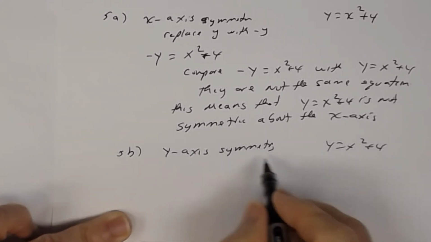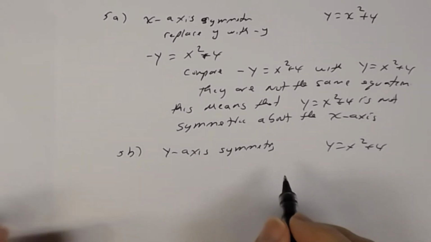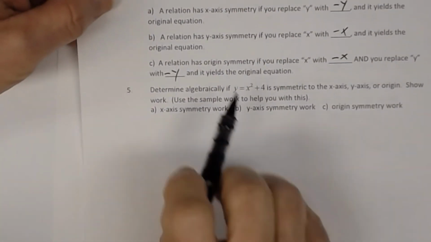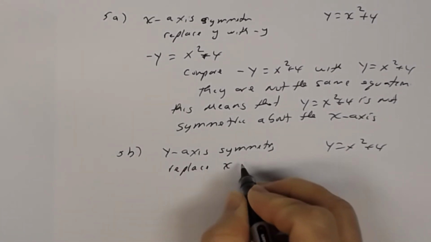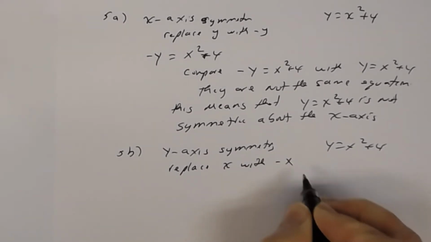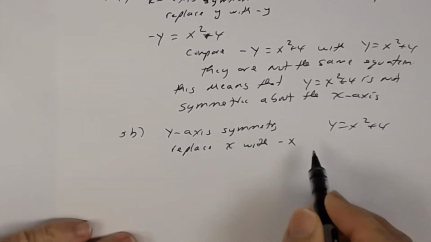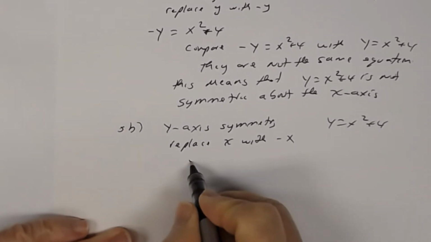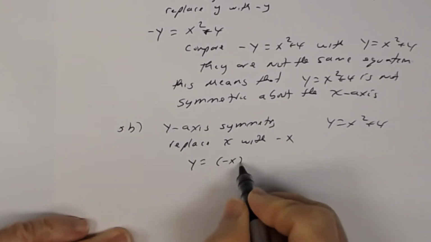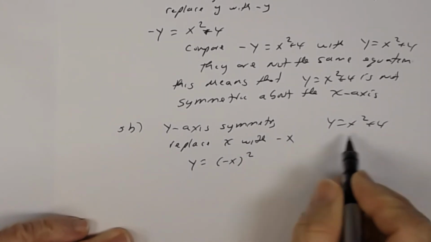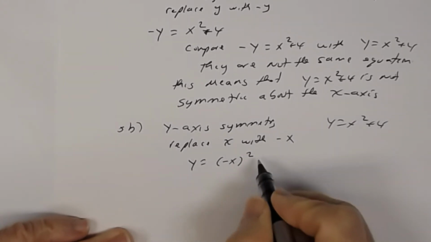So algebraically, to determine y-axis symmetry, we replace x with negative x. Now when I do that, I get y equals, remember replacing x with negative x, but that's in parentheses, so (-x) squared plus 4.